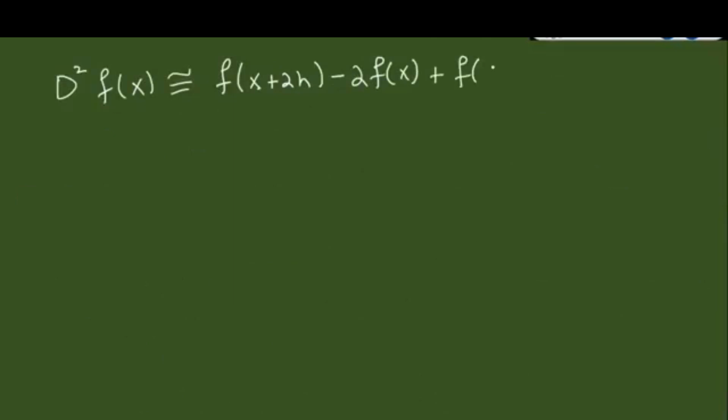D square f of x approximately equal to f of x plus 2h minus 2 times f of x plus f of x minus 2h, and this whole quantity is going to be divided by 4 times h square.